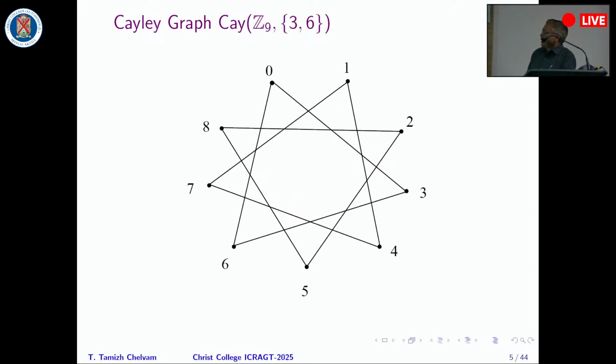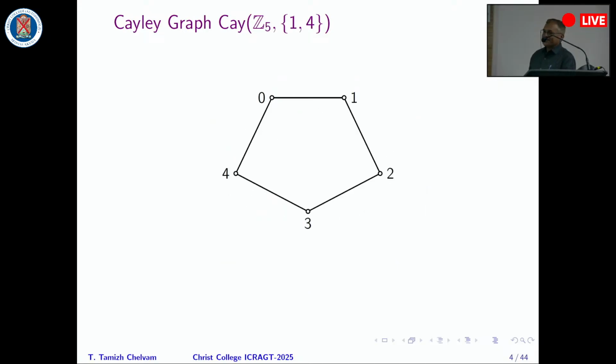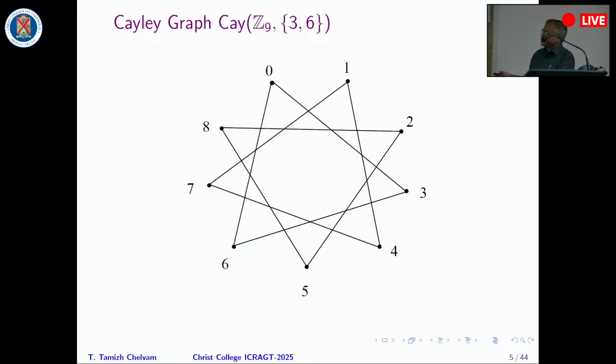Okay, and this is another example in which the vertices are congruence modulo 9 classes, and the generating subset is 3 comma 6, and you can see this graph. I would like to get opinion from the audience: is there any difference between these two Cayley graphs?